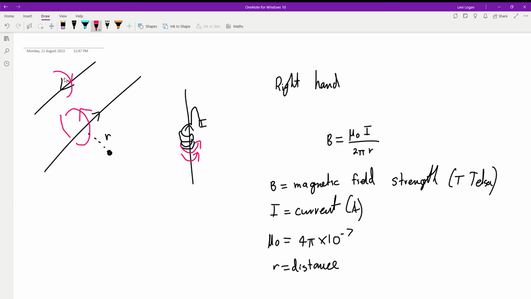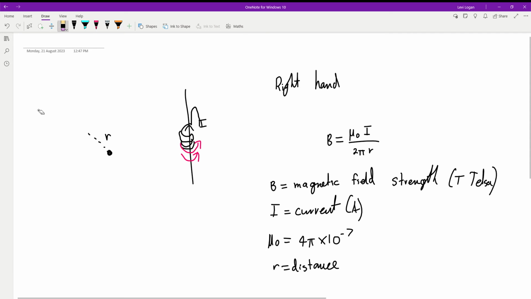Oh wait, this one. So stick your right hand and then wrap your fingers around, so you'll be going like this. This one's incorrect. Stick your fingers, it will be going this way. Awesome. Alright, so I was just fixing those up. I did it wrong with my right hand rules.